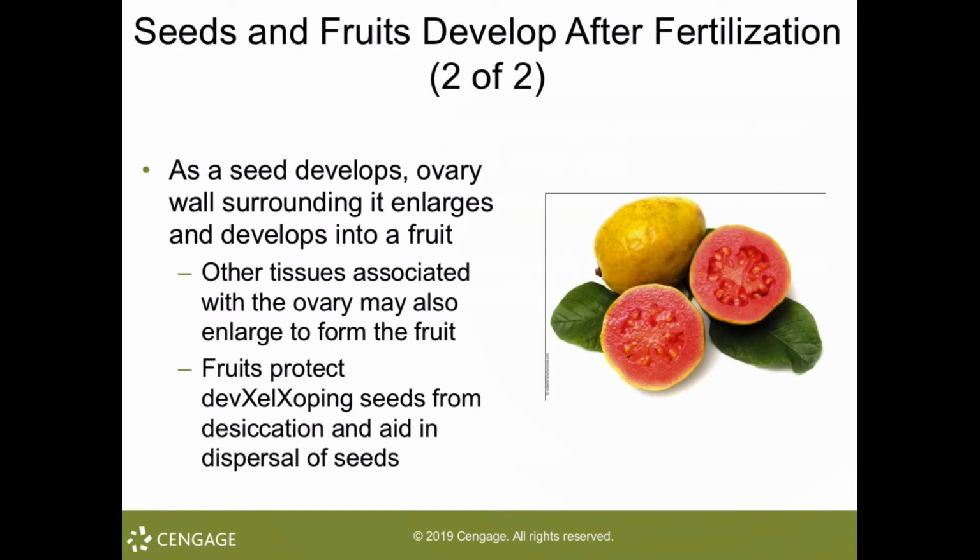As the seed develops, looks amazing here, the guava fruit shown, the ovary wall surrounds it, enlarges, and develops into the fruit. There are many other tissues that are part of it, and fruits do indeed protect the developing seeds from desiccation and aid in the dispersal of seeds.